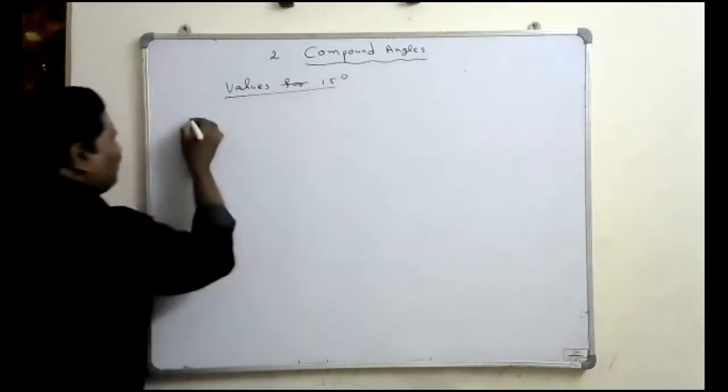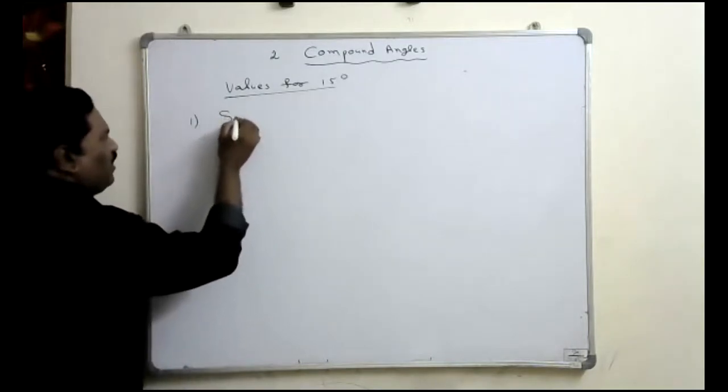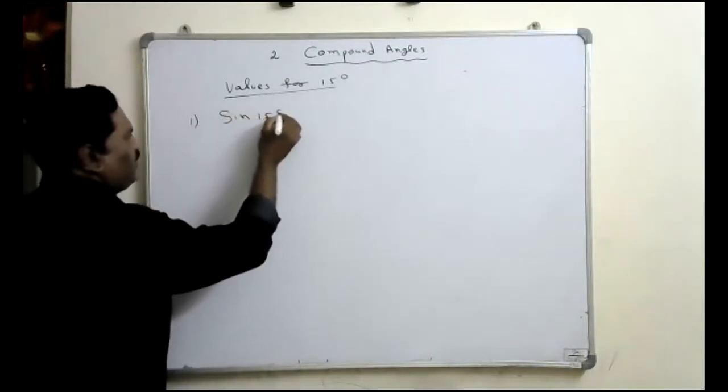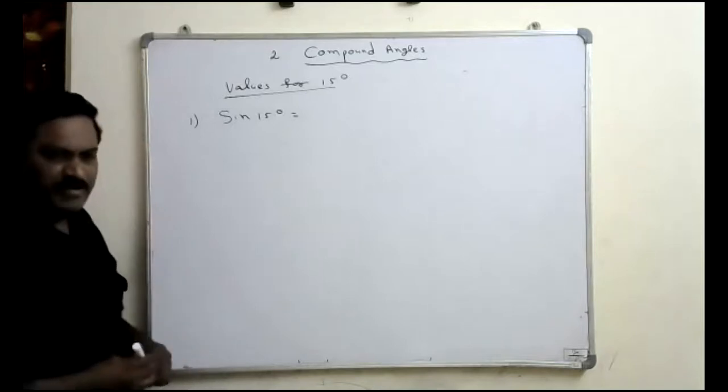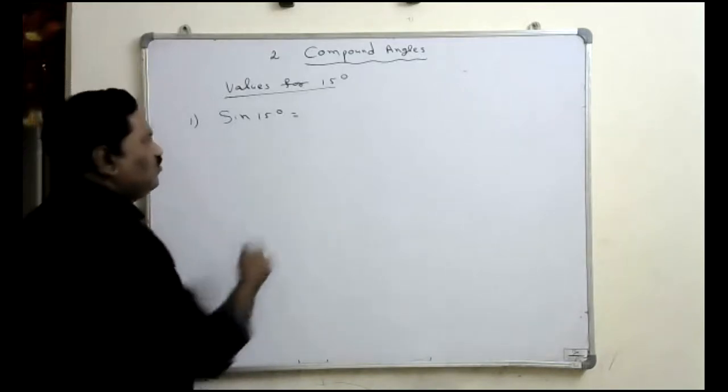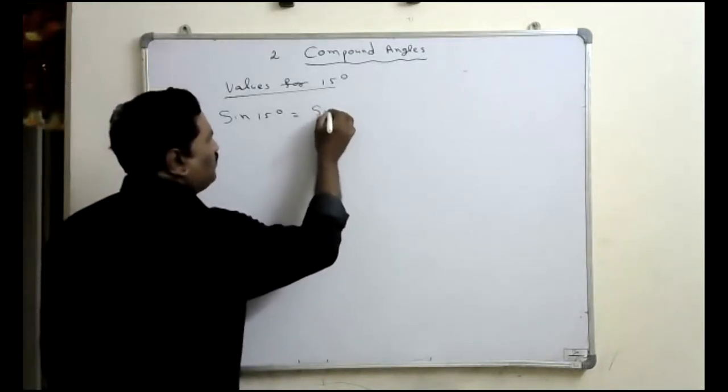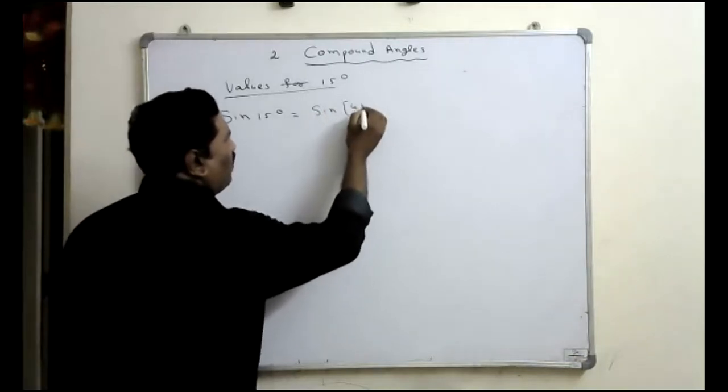To find the value of sine 15 degree, I can write 15 as 45 minus 30.